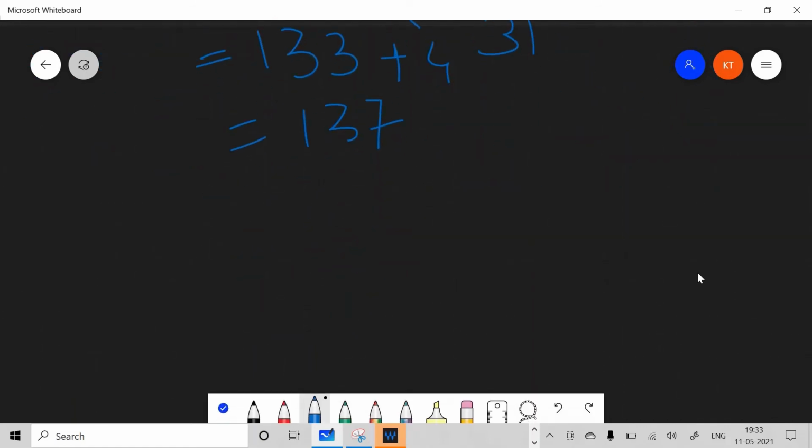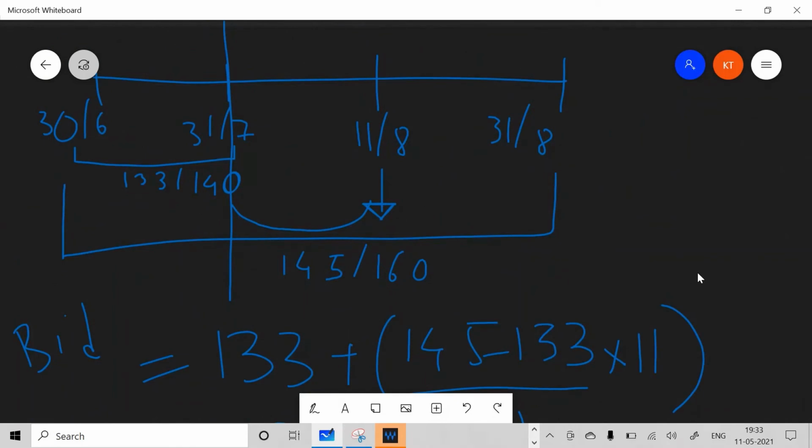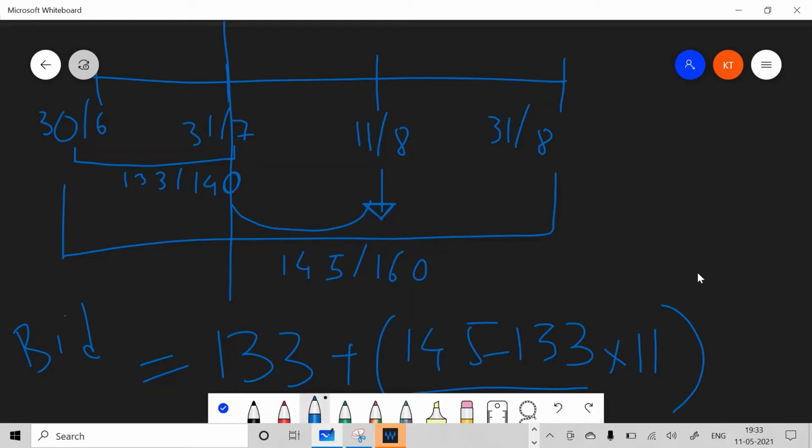If we do the same for ask, that would be starting with 140 plus, now the difference between July and August is 140 to 160. So this difference of 20 pips is for a period of 31 days, but you only need it for a period of 11 days.